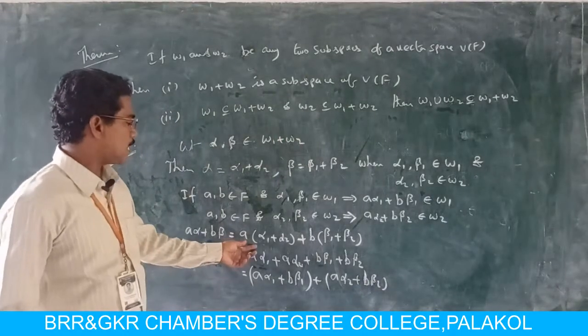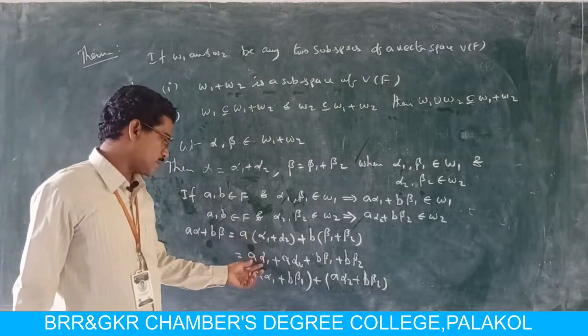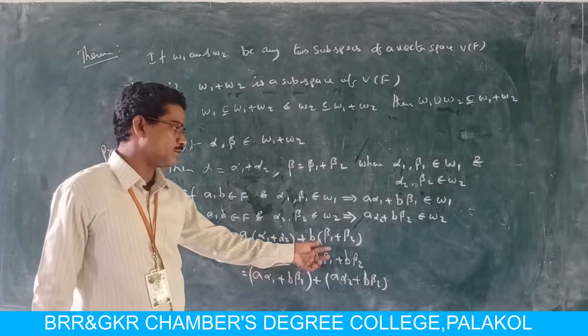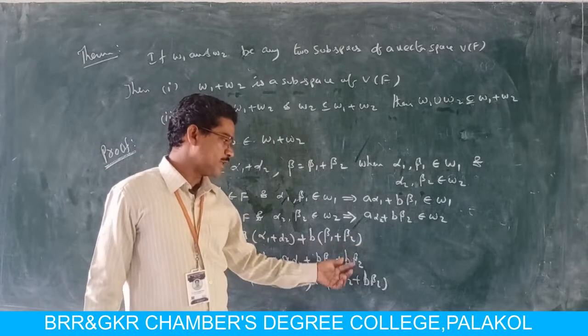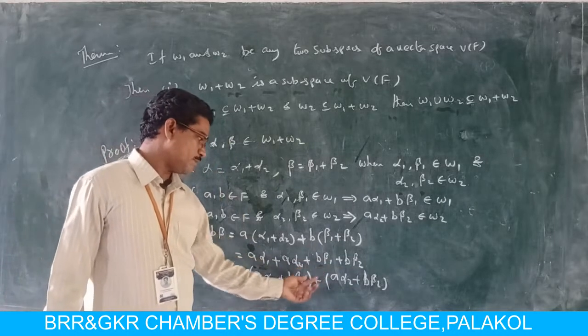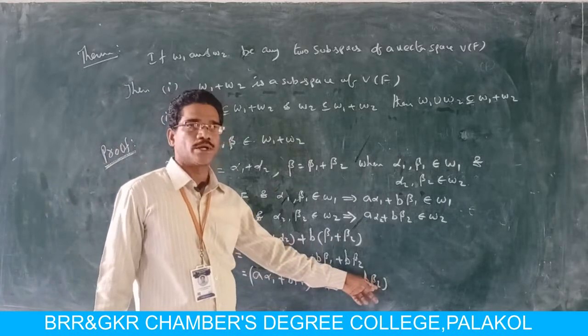By using the definition of scalar multiplication, a into alpha 1 is a alpha 1, plus a alpha 2, plus b into beta 1 plus beta 2 is b beta 1 plus b beta 2. Here a alpha 1 plus b beta 1 plus a alpha 2 plus b beta 2.